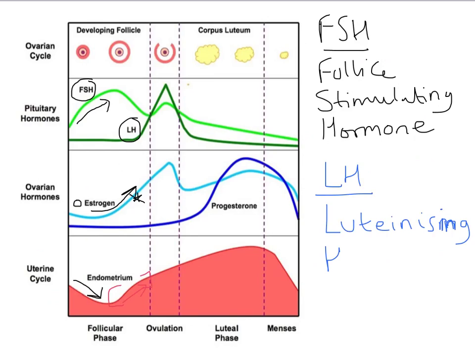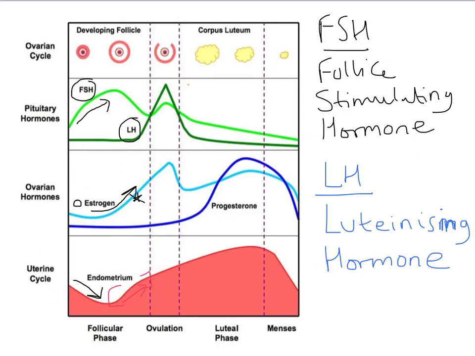Both FSH and LH are referred to as gonadotrophic hormones because they stimulate activity in the gonads, and by gonads we mean the testicles and the ovaries.